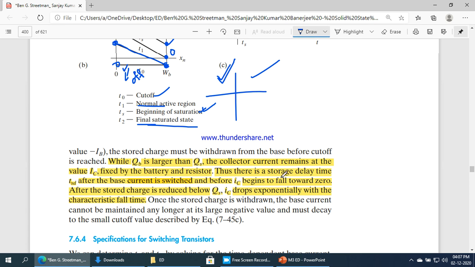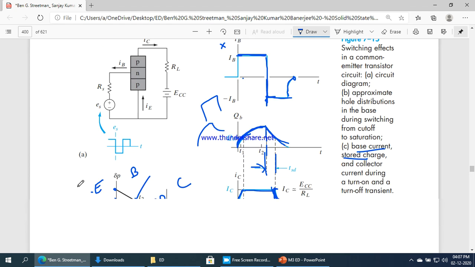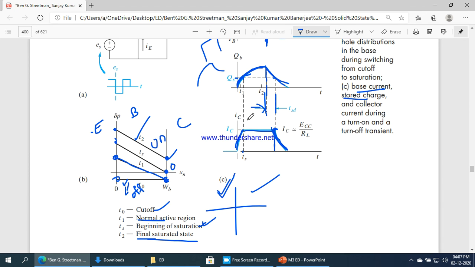Thus there is a storage delay time TSD after the base current is switched and before IC begins to fall towards zero. That TSD is the time required to move from on state to off state. So this much time is required for switching from on to off.